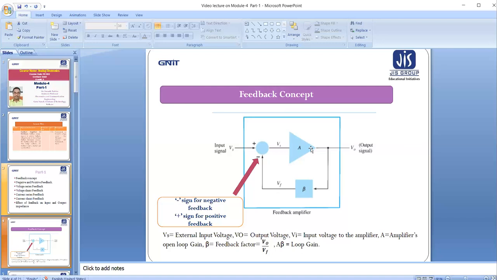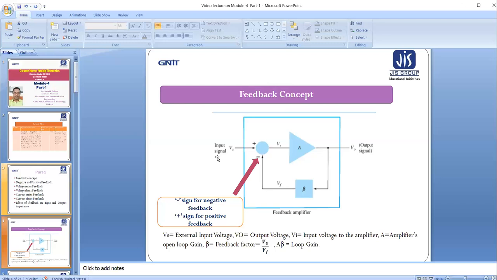Now we will see that the output of the amplifier, that is V0, is taken to another circuit. This other circuit produces some sort of output depending on the actual output. The output of this other circuit is known as VF, let us say.